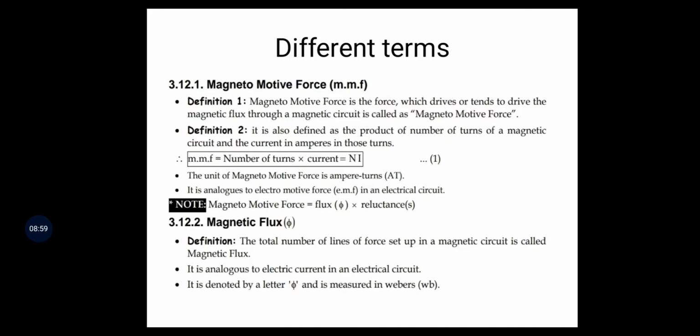It is also defined as the product of the number of turns of a magnetic circuit and the current in amperes.